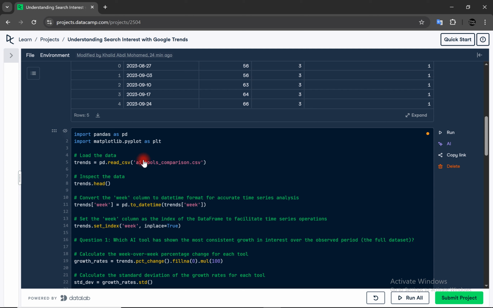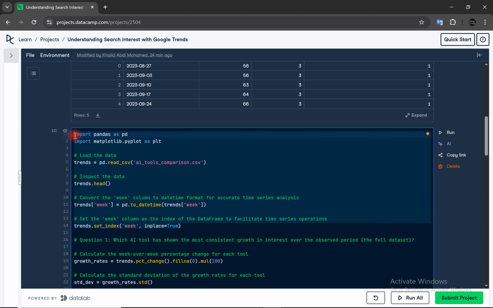So the first one, which is this part. Here I first imported pandas and also matplotlib for plotting.